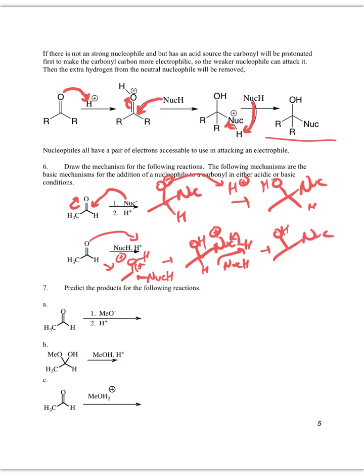So we get that, and then that's the exact same thing we drew above, but that can continue on. And let me add a page in here, and we'll draw the whole mechanism for it.